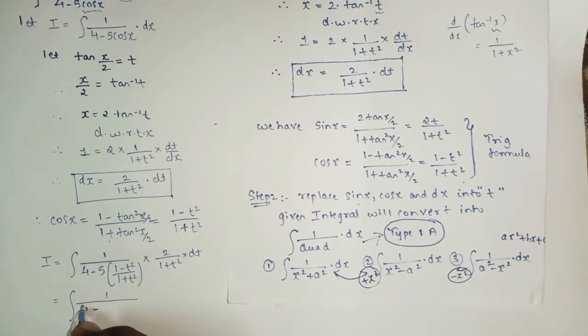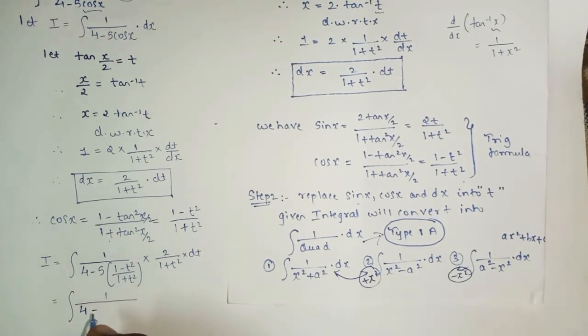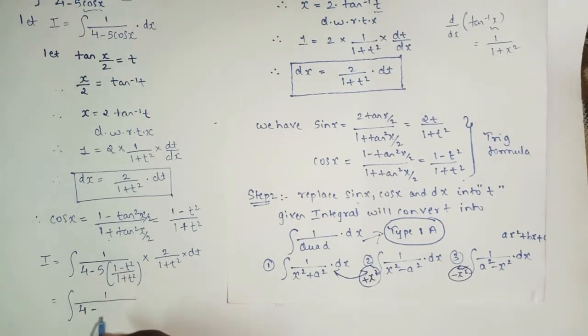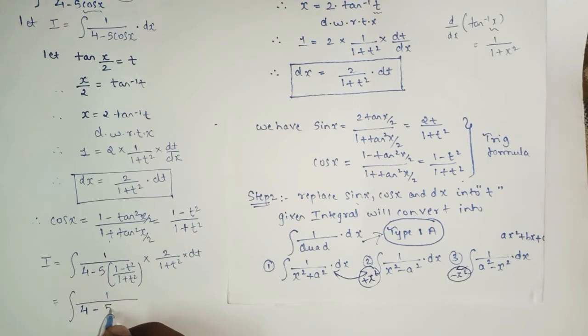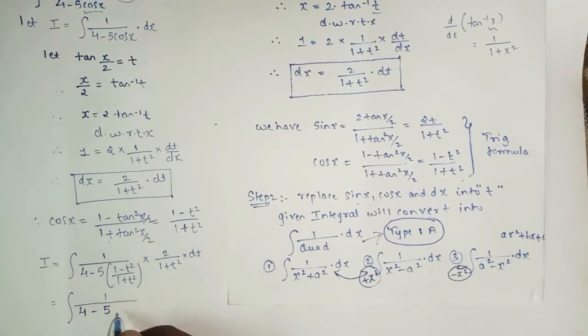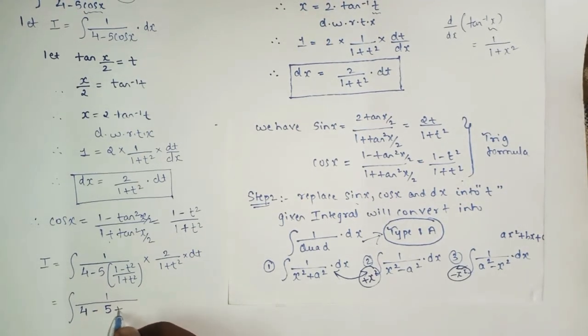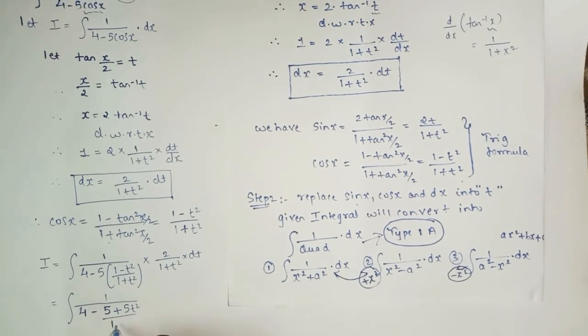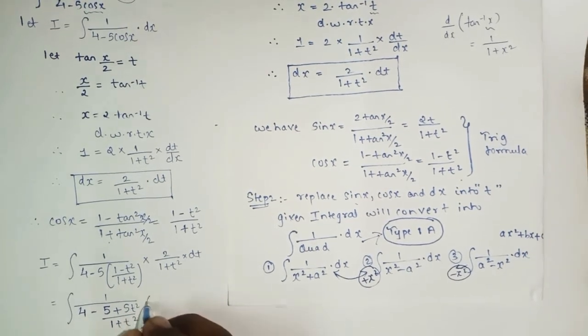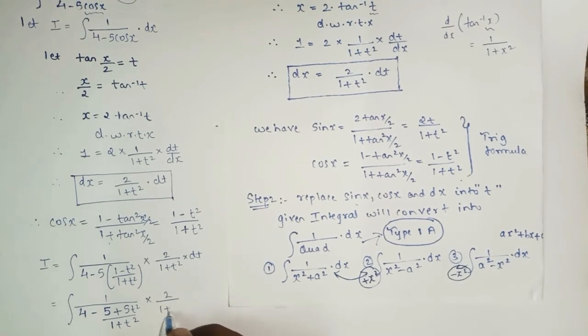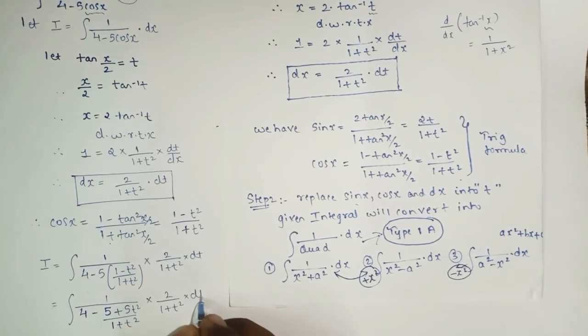So now the next step, 1 upon 4 minus, okay, this bracket opens, so here you will get 5 minus minus, this will be plus 5t square upon 1 plus t square into 2 upon 1 plus t square into dt.